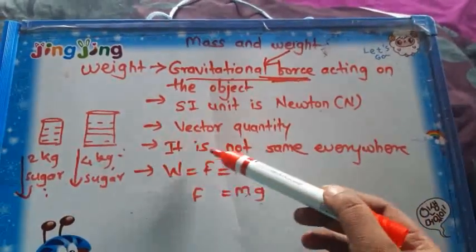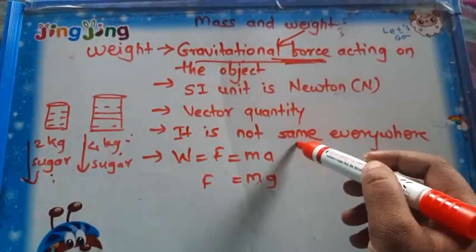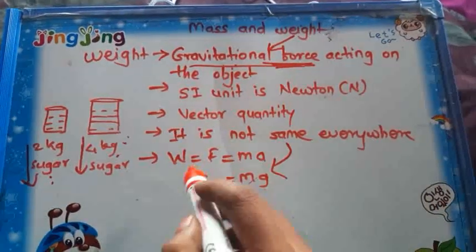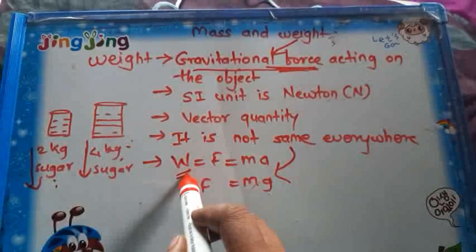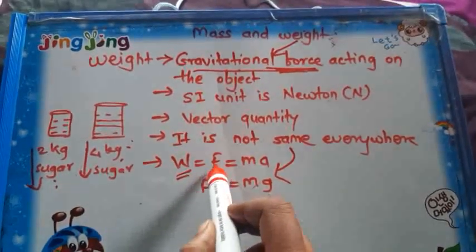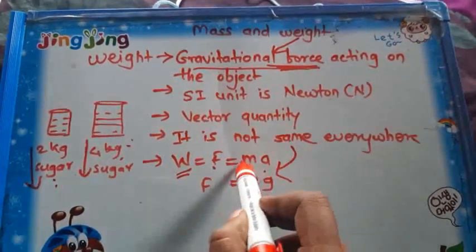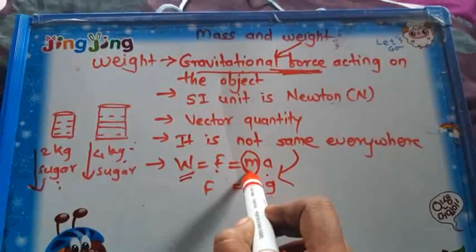Next, it is not the same everywhere. The reason for that will be cleared with this formula. Weight is nothing but gravitational force acting on the object. So it is a force, and we know that force is given by the formula mass into acceleration. Just now we have seen that mass is not going to change, it remains constant.